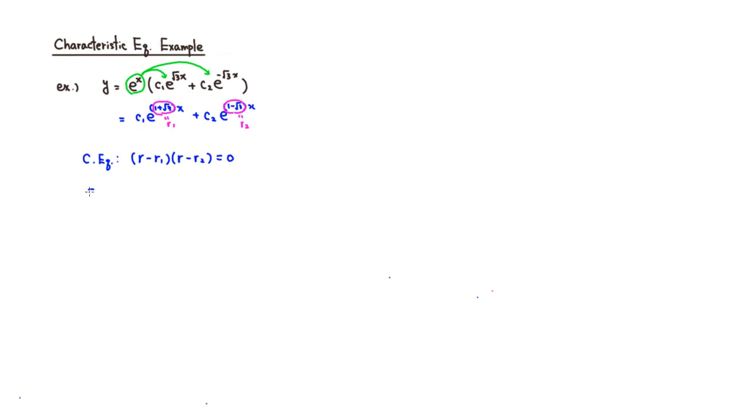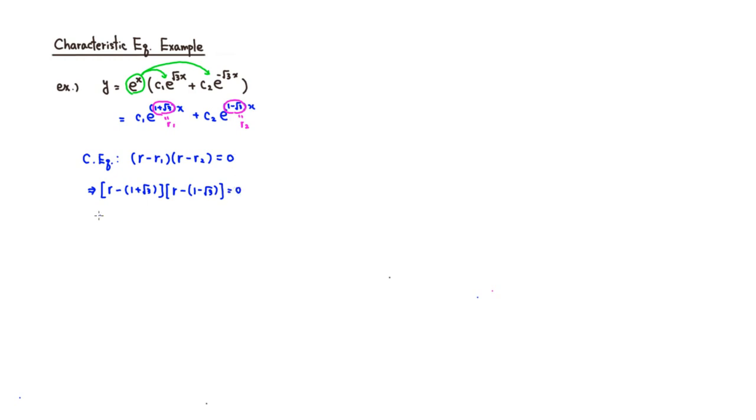So we get r minus r1, which is 1 plus square root of 3, times r minus 1 minus square root of 3, is equal to 0.